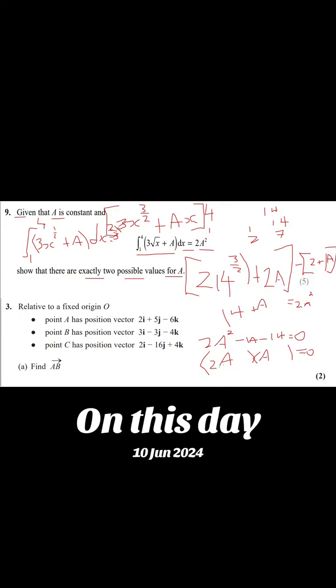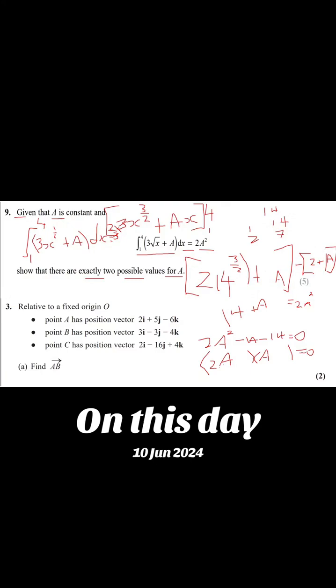I did this literally today on paper, but for some reason I put 2a instead of 4a.